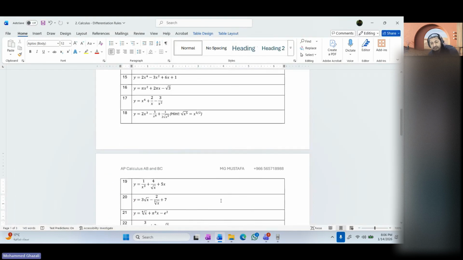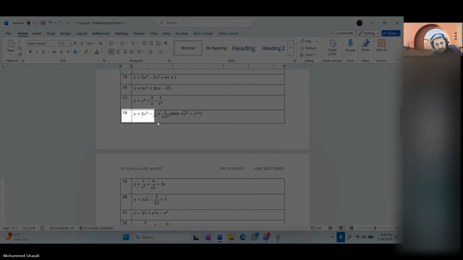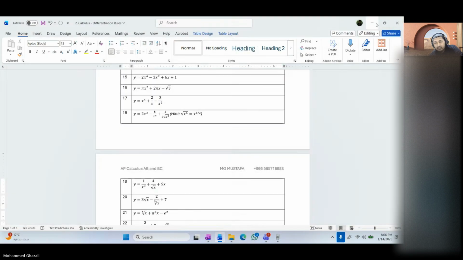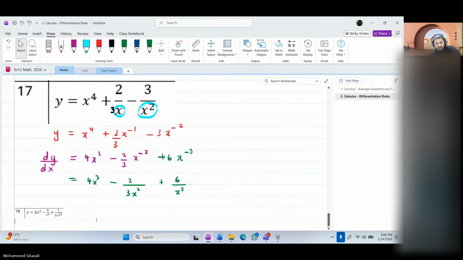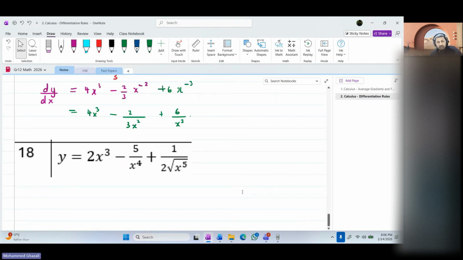Question 18. I'll give you an example. Arnav, you want to try this out? Come on, guys, it's an interactive lesson. You can talk. We can see this is not in power form. So we can say y is equal to 2x cubed. What about the next one?